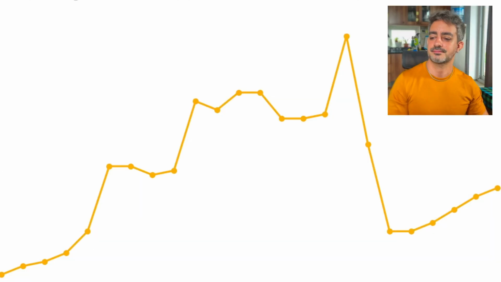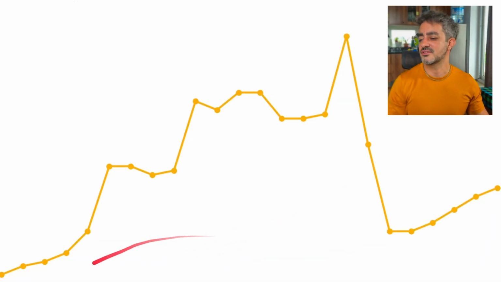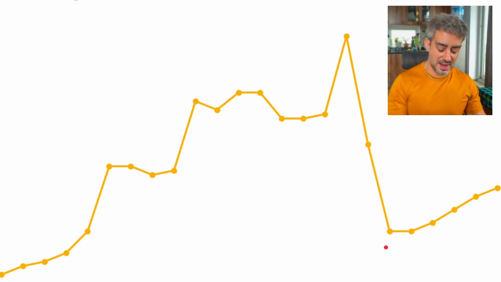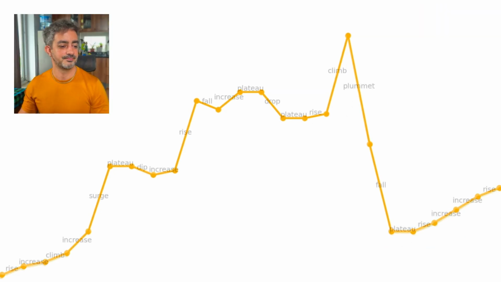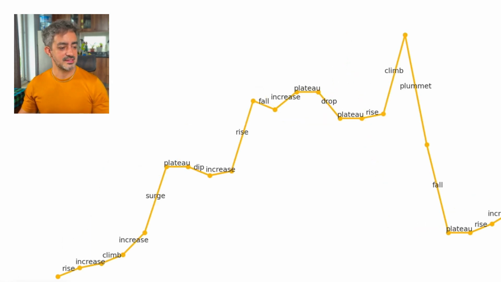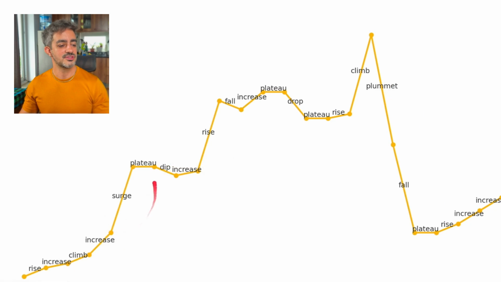You should mix different structures when you're doing this kind of writing, or you will sound very robotic, very mechanical. Now looking at this chart again, I see a lot of movement that I could describe using those verbs. I see here a rise, increase, climb, increase. All of these words have the same meaning.